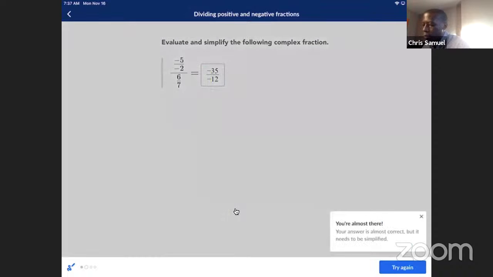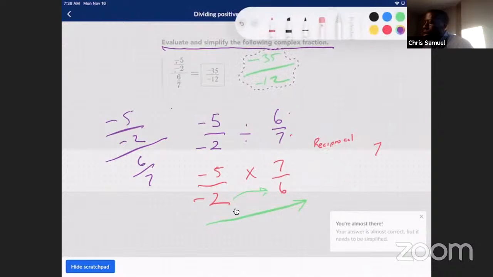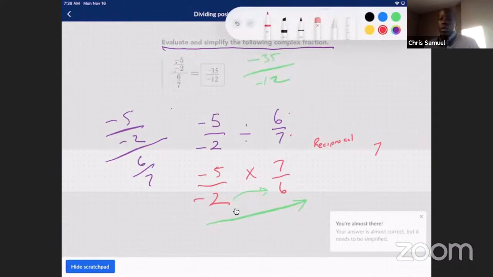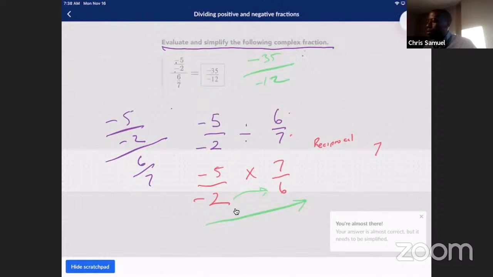Now we know we have to simplify. What do we do with this? How do we simplify this one? Simplifying would require me to divide this by 5, and we get 7, and divide by 4, and we get 3.